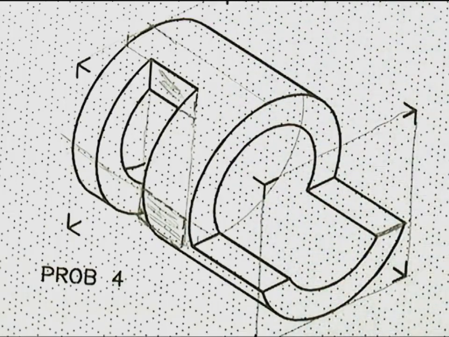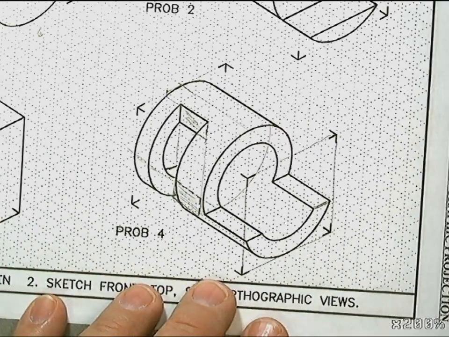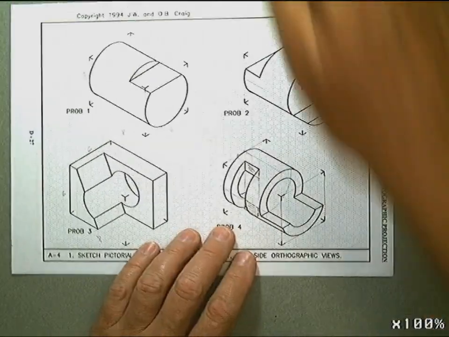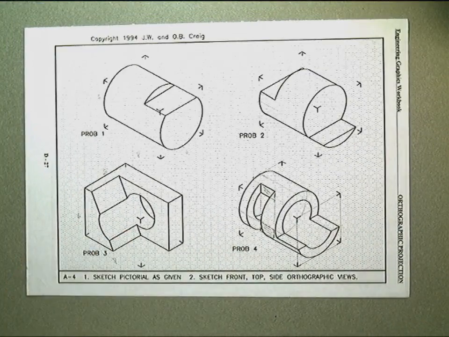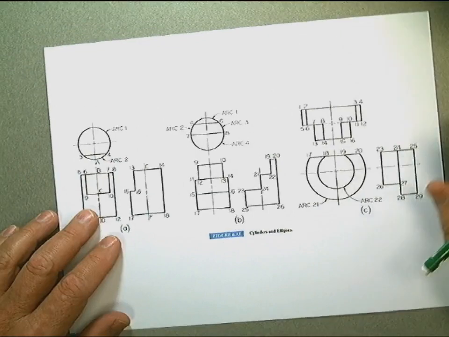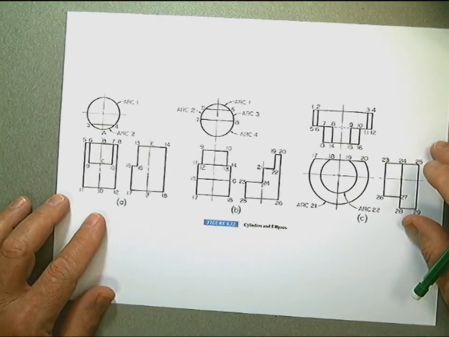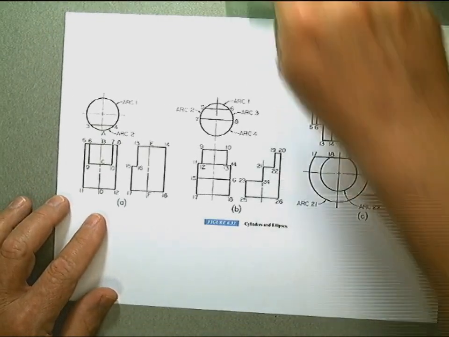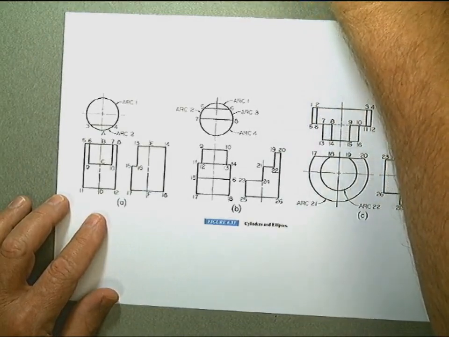Then on the other cylindrical problems, I want to show you some examples of what happens when you slice a cylinder, or intersect a cylinder with a prism. So this is one example, or three examples, of some multi-view drawings that are similar.